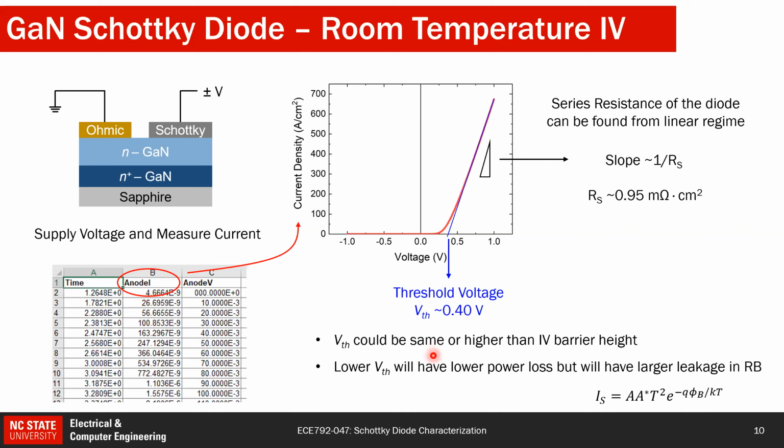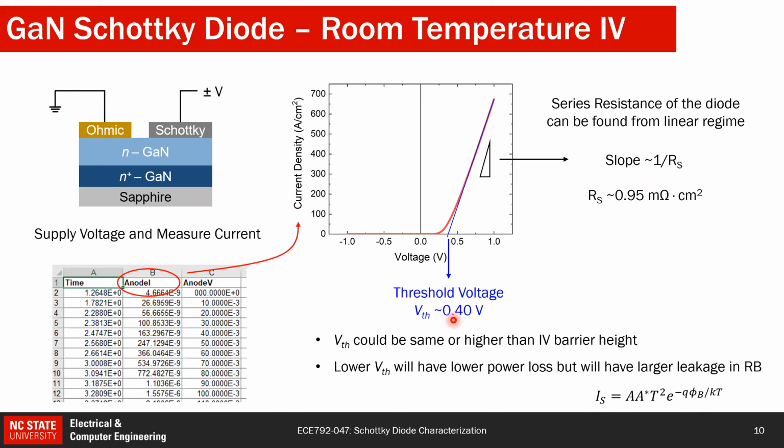And for power applications, actually, the lower threshold voltage is better. But from this equation, we can see that the threshold voltage, or let's say the barrier height, if I have a lower value, then the leakage would also be higher. So from these measurements, we can find the series resistance and the threshold voltage.